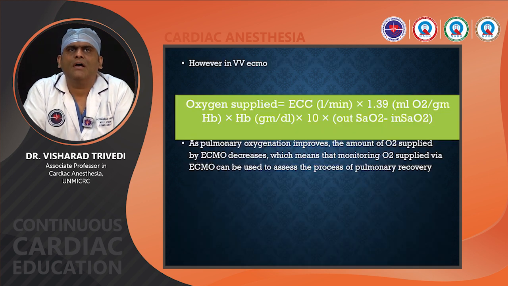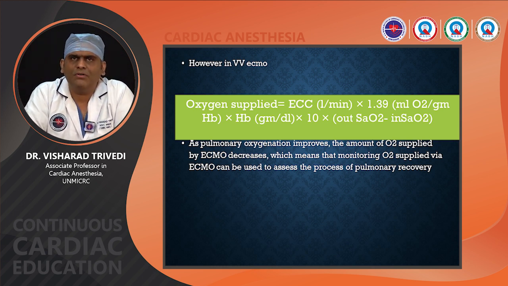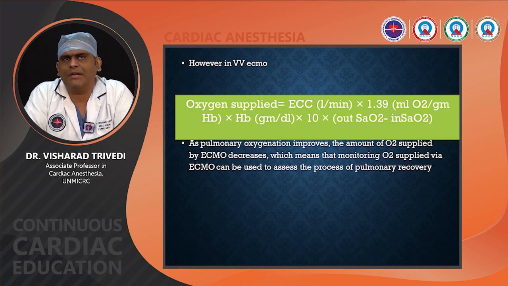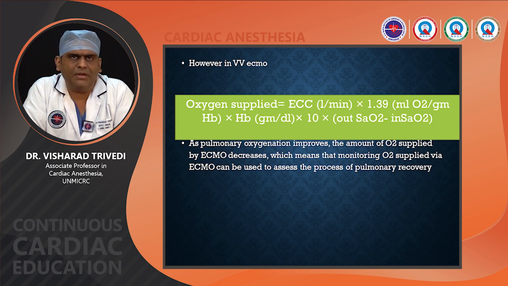So in VV ECMO, oxygen supplied is extracorporeal flow, that is ECMO flow, into 1.39 ml of O2 per gram of hemoglobin, into hemoglobin, into 10, into out saturation minus in saturation. That means saturation of the returning cannula minus saturation of the draining cannula.